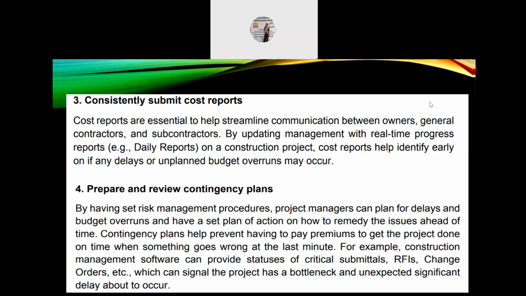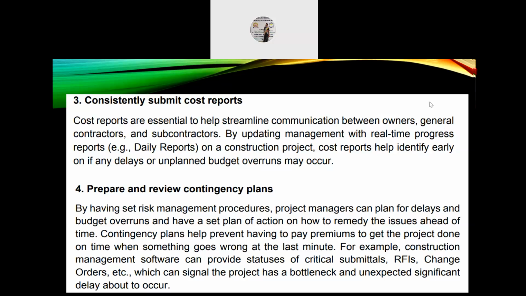Number 4, prepare and review contingency plans. By having set risk management procedures, project managers can plan for delays and budget overruns and have a plan of action on how to remedy the issues ahead of time.